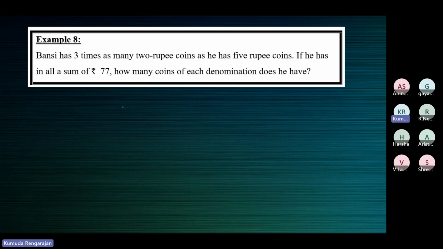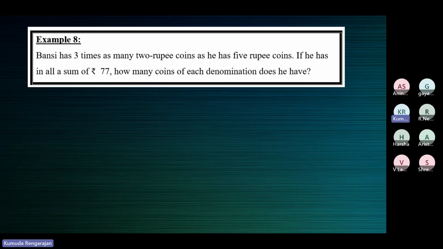So here, Bansi has 3 times as many 2 rupee coins as he has 5 rupee coins. See, like the NCERT textbook, it's so outdated.